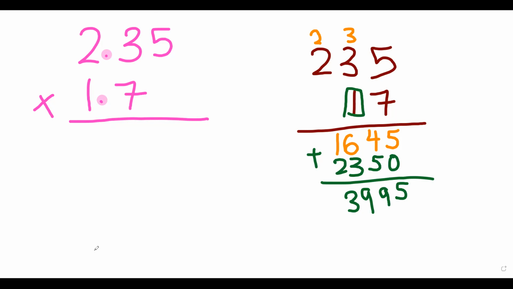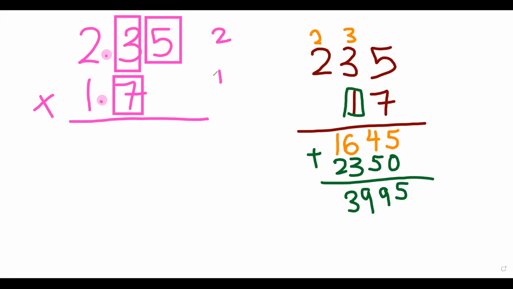Then I will count how many digits after the decimal point. I will say they are 2. And here, how many? They are 1. So here we have 2, and here we have 1.